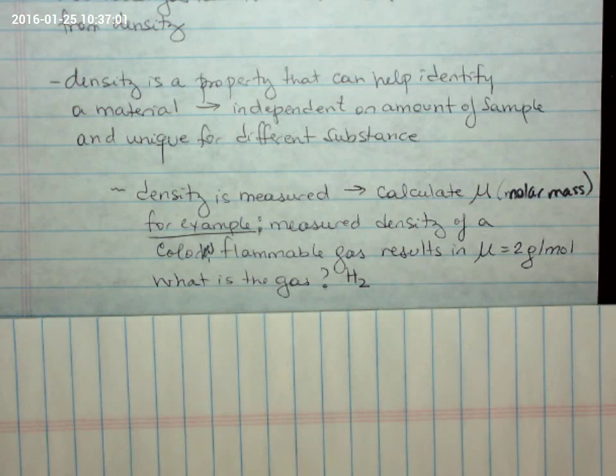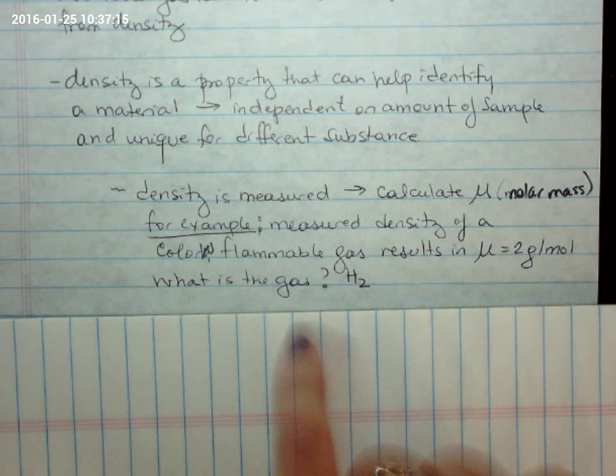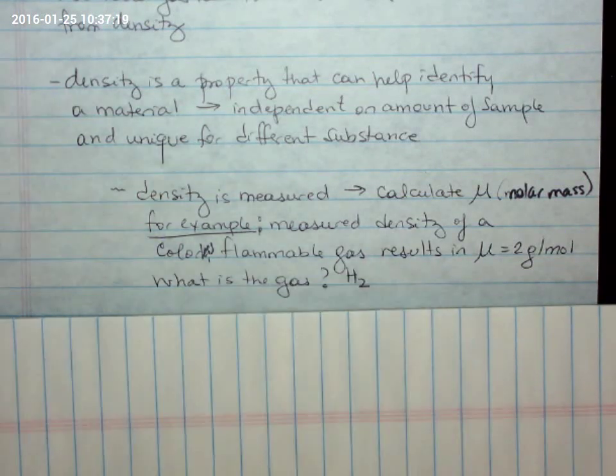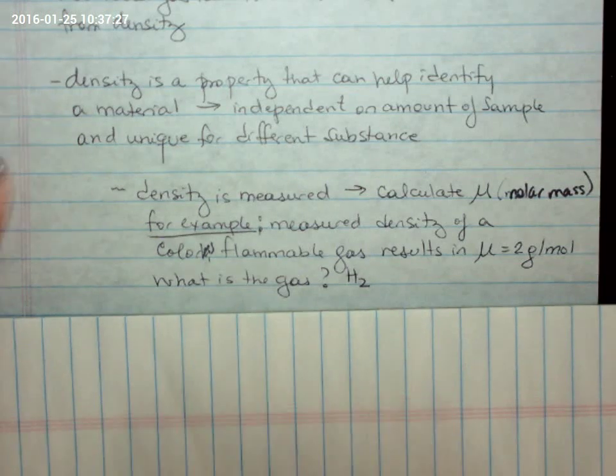What if I have another sample of a different gas and I measure its density and I calculate its molar mass and I find that it has a molar mass closer to 32? It could potentially be oxygen. Could it be an organic substance? Could you have a combination of carbons?